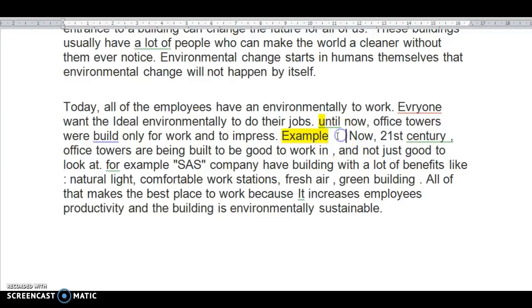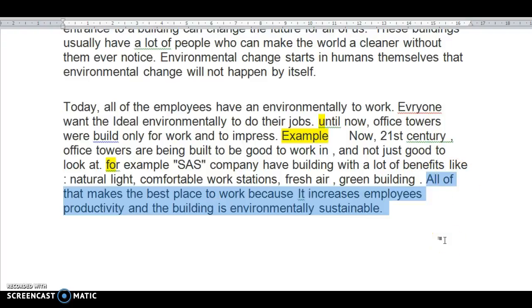"Now, in the 21st century, office towers are being built to be good to work in and not just good to look at." Again, beginning of a sentence, we need a capital letter. "For example, SAS company, the building with a lot of benefits." We've got an example here that supports that idea, etc., etc. This is a well organized because here we have that end.